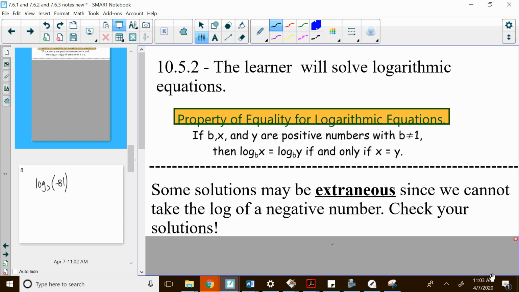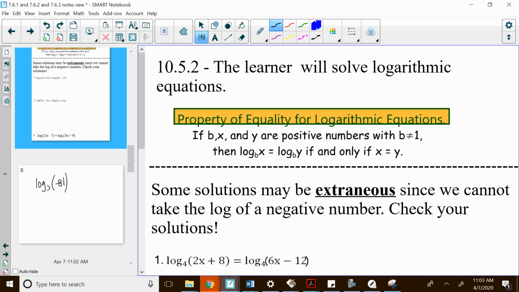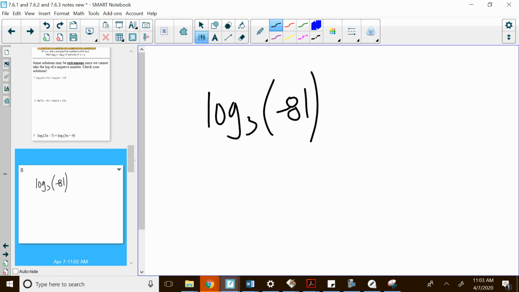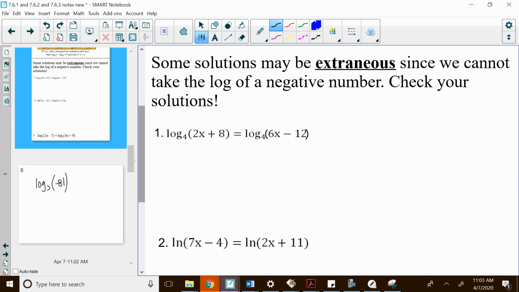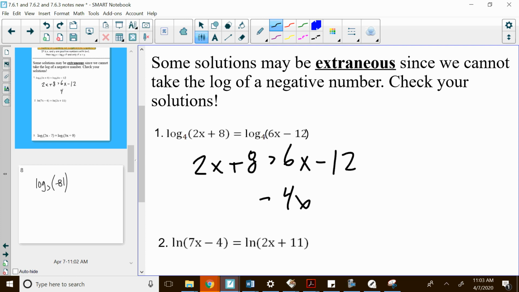But first, let's just practice some easy ones. If you just have a log base 4 equaling a log base 4, right? 2x plus 8 equaling 6x minus 12, it means these two have to be equal to each other. 4x will equal 20, and x will equal 5.